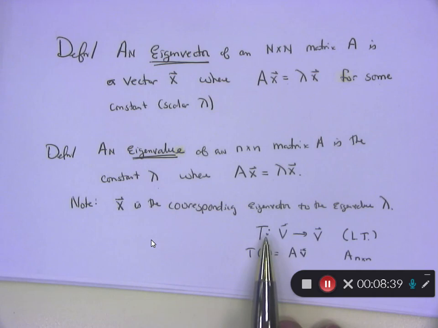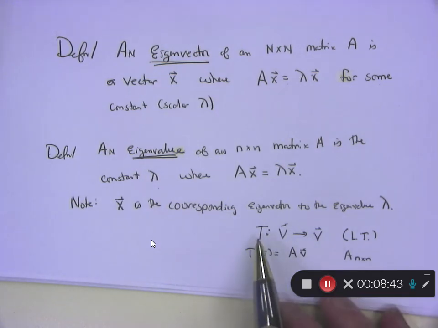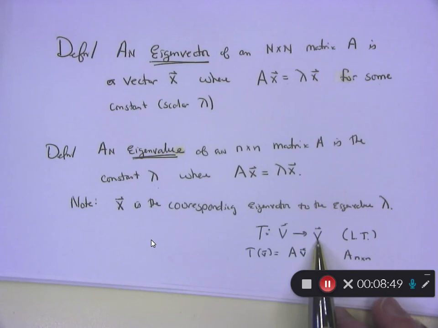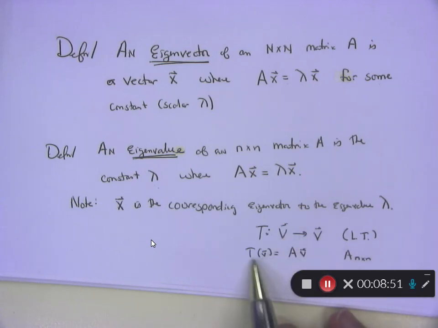And also remember this. We're going to be looking at the wonderful world of linear transformations. Those things are coming back to haunt you. This is a linear transformation that takes vector space V right back into vector space V. So T of v would be equal to some matrix A times v.